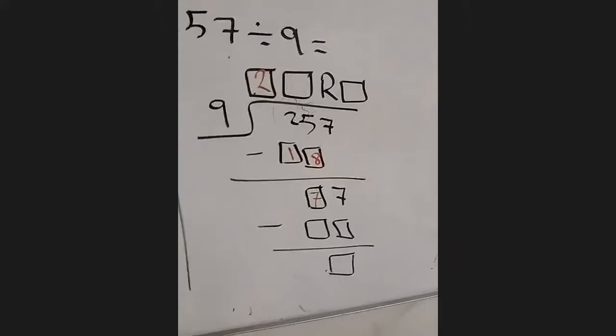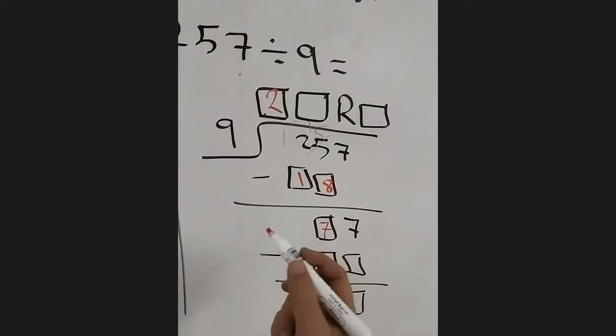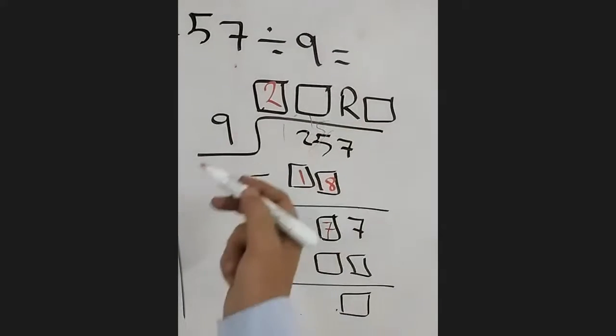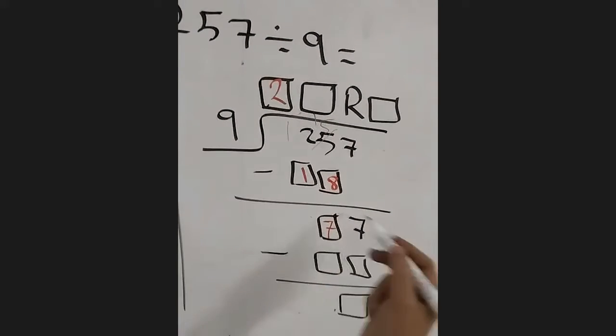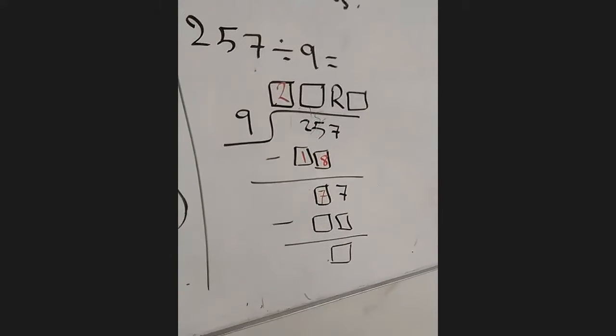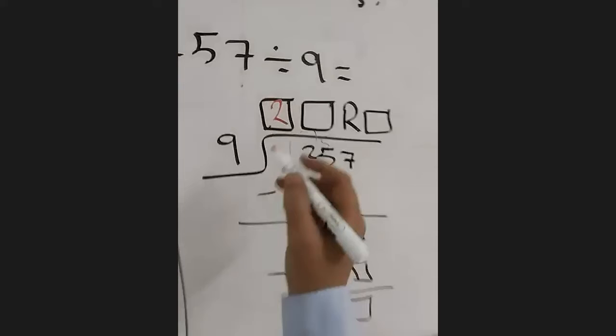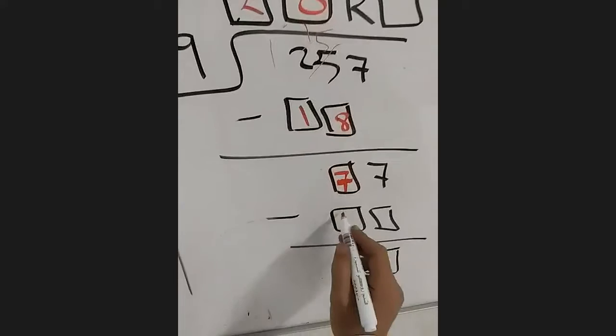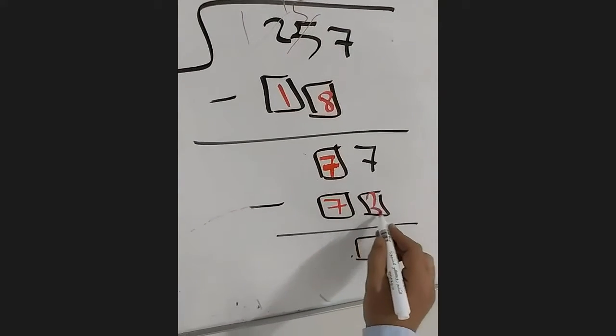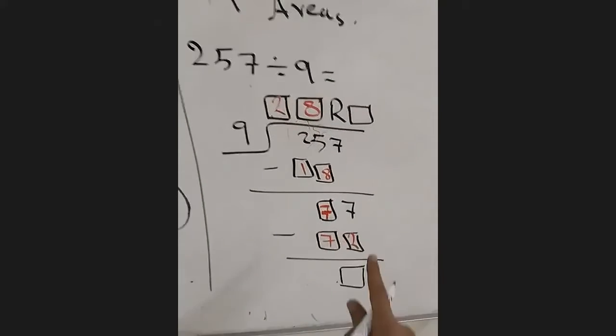77 divided by 9. 9 by 9 is 81, it's bigger than 77. We cannot, so we take 8. 8 multiplied by 9, how much? 72. Right? 72, guys.